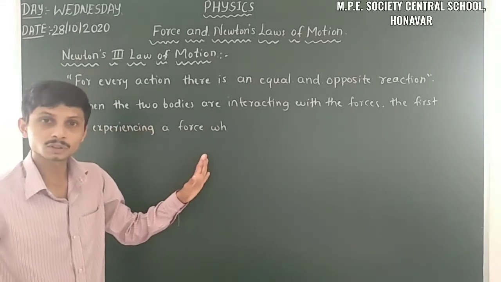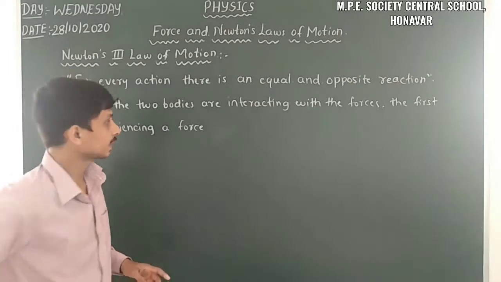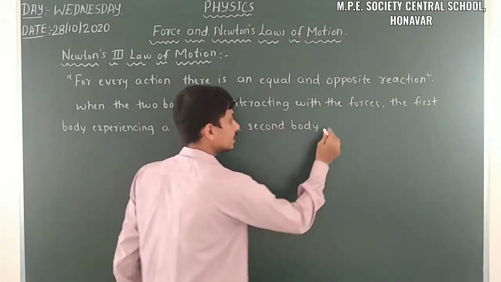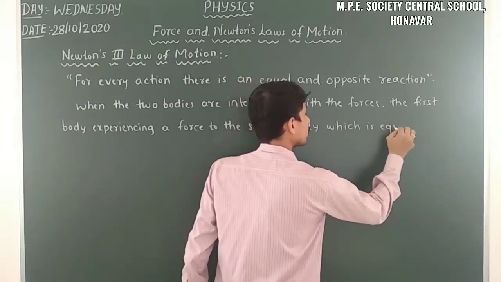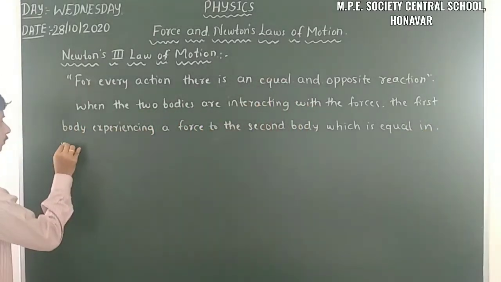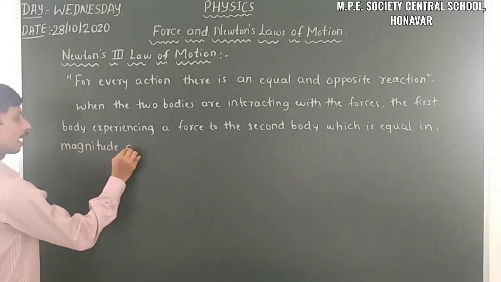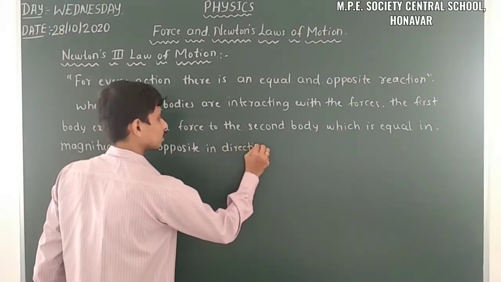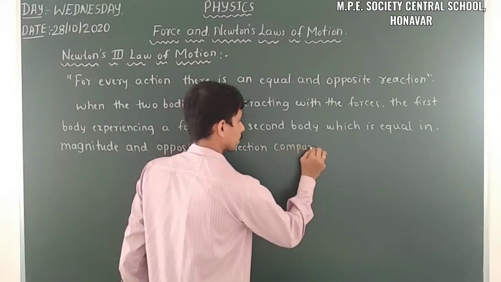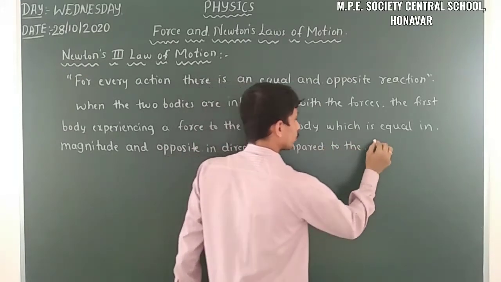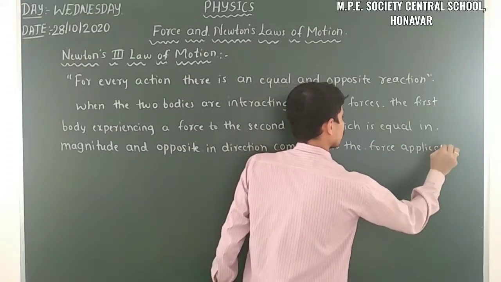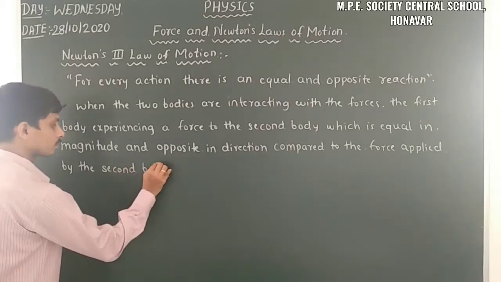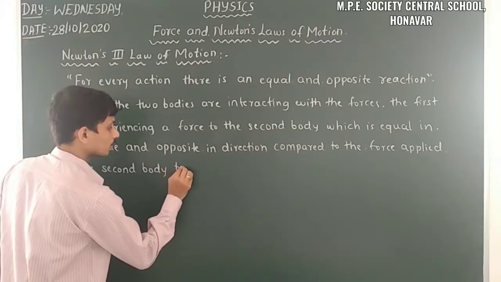So the first body experiencing a force from the second body, which is equal in magnitude and opposite in direction, compared to the force applied by the second body to the first body.